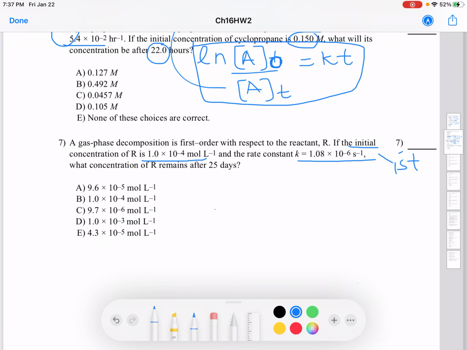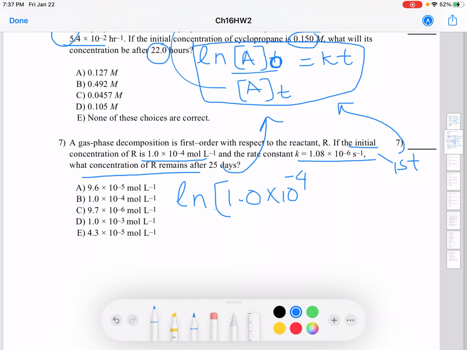Since it's asking what concentration of R remains after 25 days, two different concentrations, we have to use the integrated rate law. So again, ln A naught is going to be 1.0 into 10 to the negative 4, and we don't know AT, meaning concentration at a certain time. K is 1.08 into 10 to the negative 6 per second times 25 days.